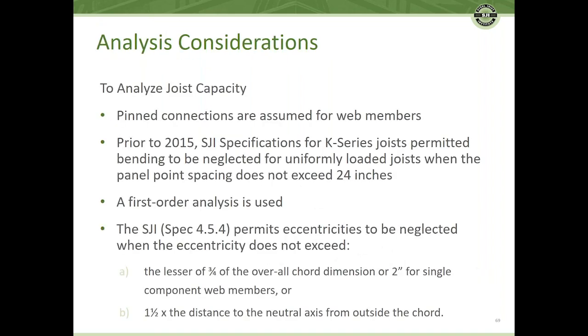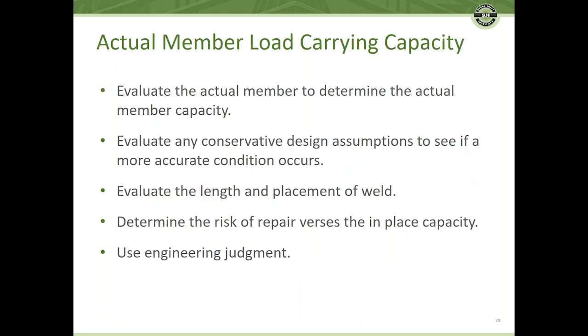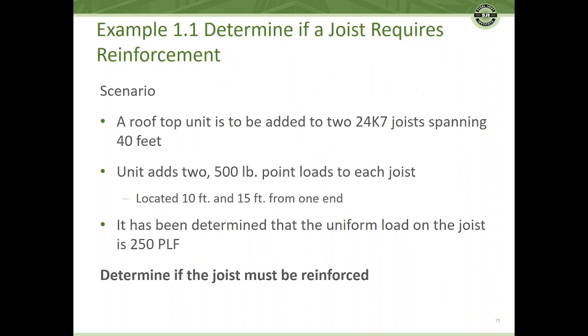To analyze the joist, we assume pin connections at the webs, and just like we talked about before, we look at the specification, make sure we're on board with the specification, first order analysis, and then look to see whether the SJI permits eccentricities to be neglected, and we can do that fairly easily. We evaluate the actual member to determine the actual member capacity, evaluate any conservative design assumptions, evaluate the length and placement of weld, and determine the risk, and use engineering judgment.